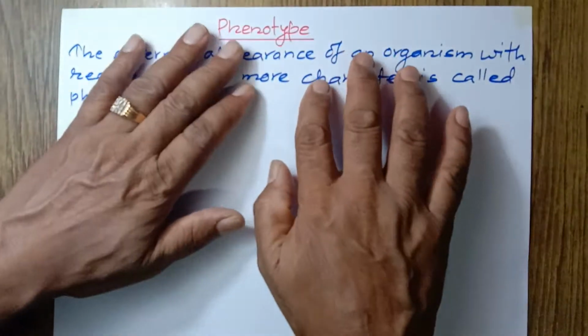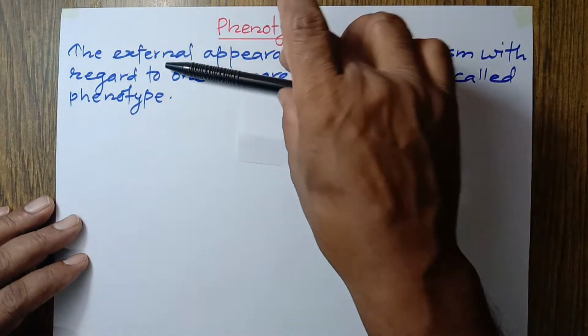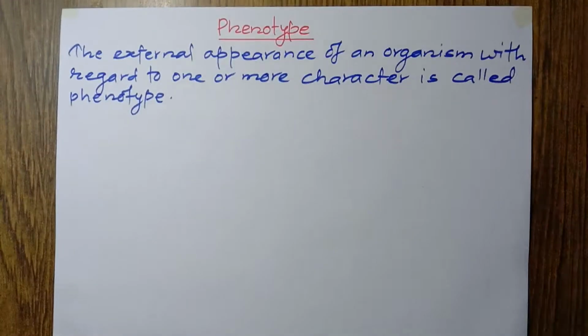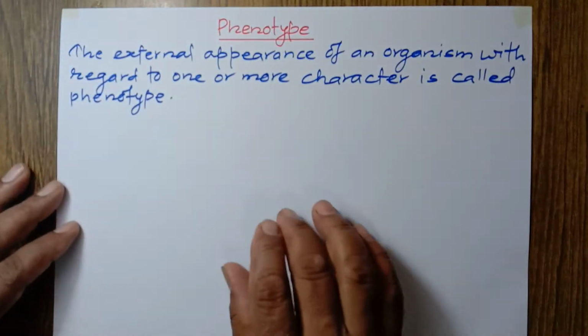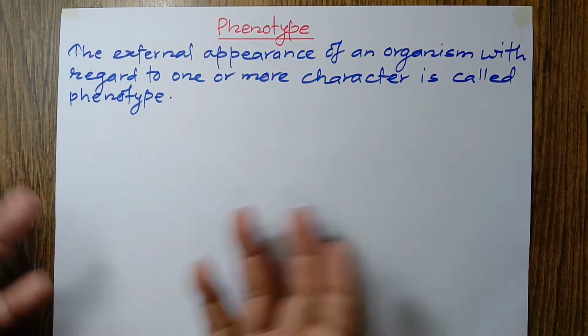In the same way, how I told you about this thin sheet of paper and this ball pen, if the external appearance of an organism is told, then that is called phenotype.